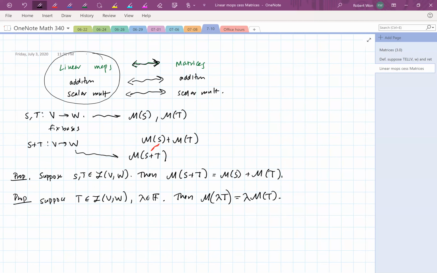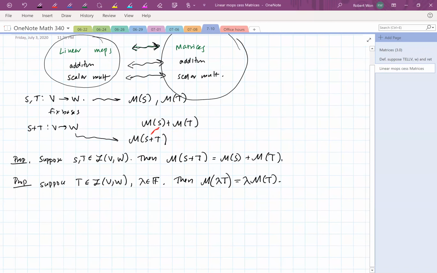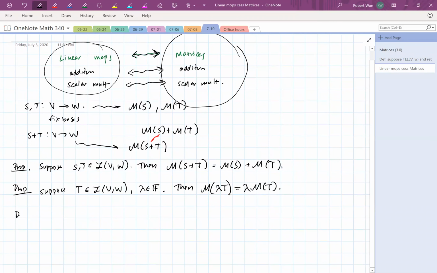You can also ask, well, I can add two matrices of the same size. I can scalar multiply them. So I have an addition and a scalar multiplication. Does this make the set of all M by N matrices into a vector space? And the answer is yes.